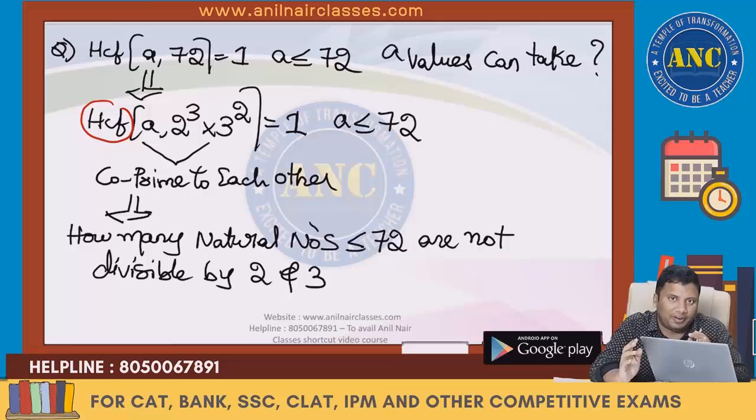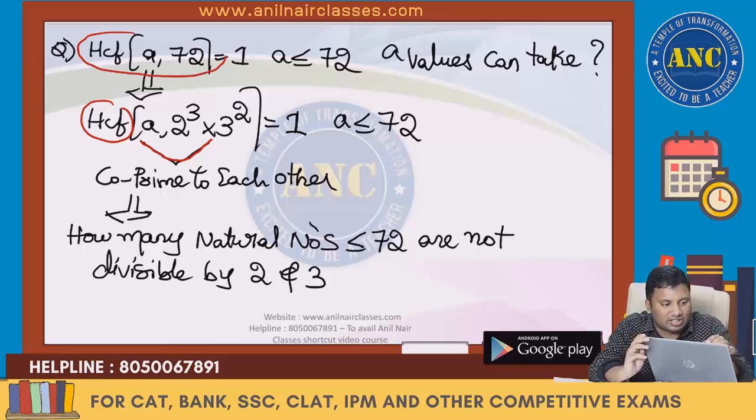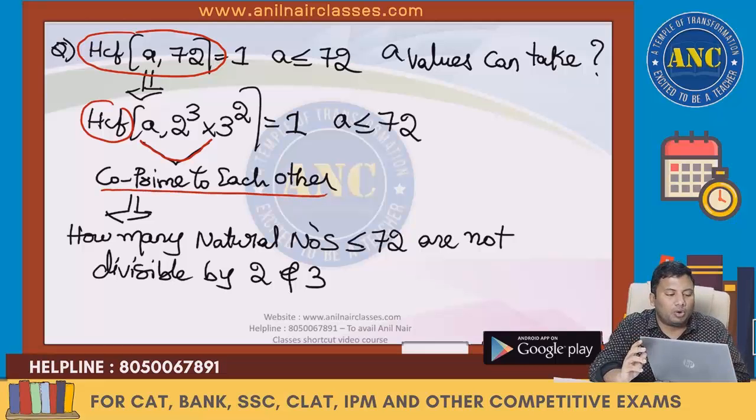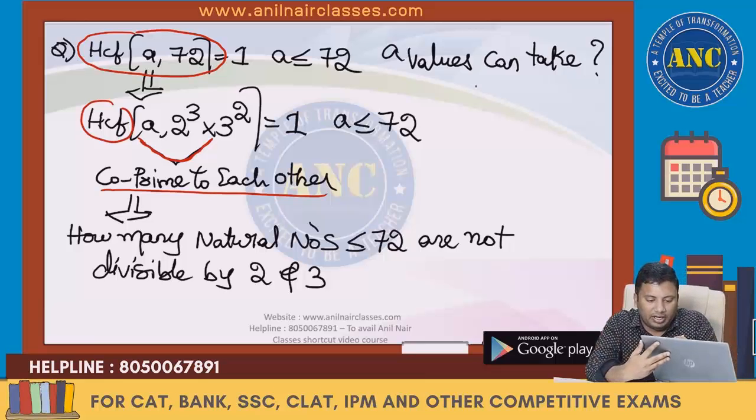If the HCF is 1, the two numbers are co-prime to each other, that means A cannot be divisible by 2 and A cannot be divisible by 3. Are you all with me? Now, see carefully this explanation.